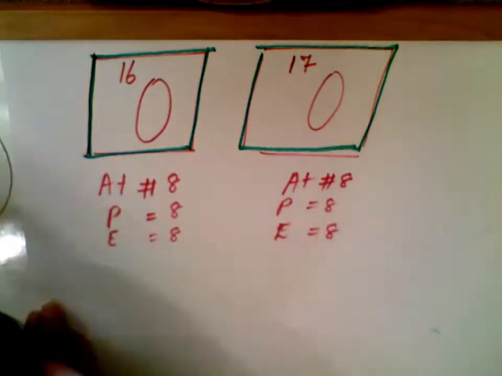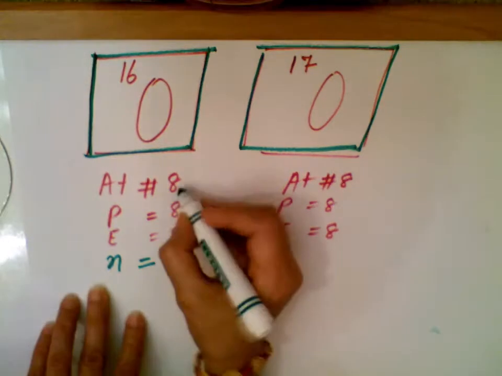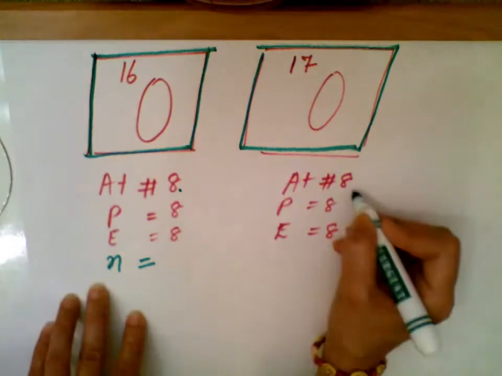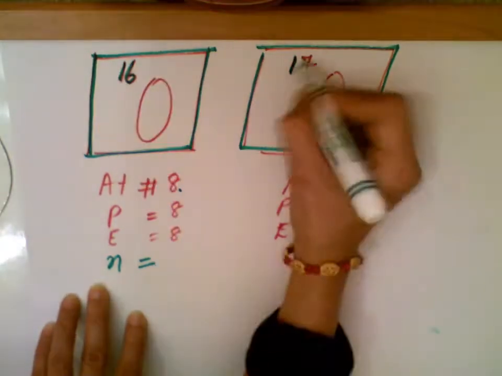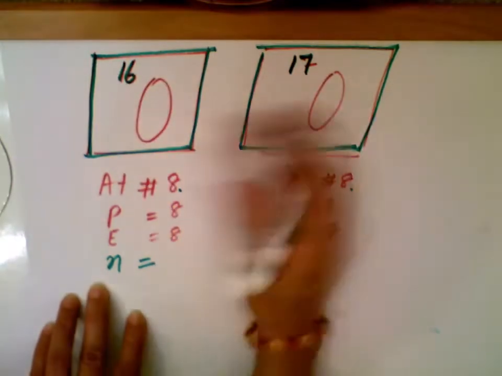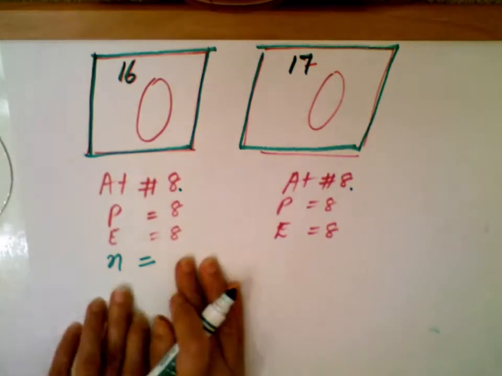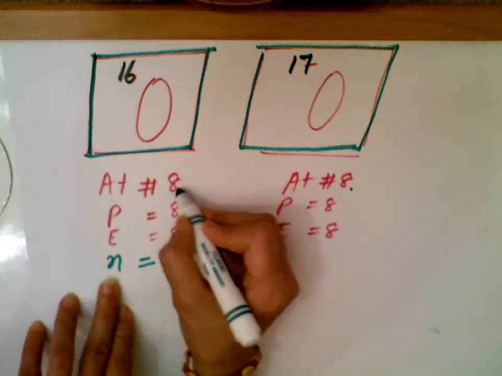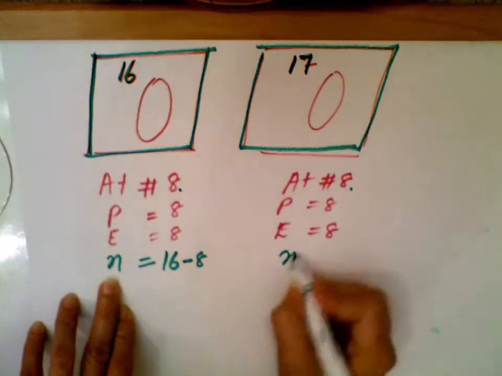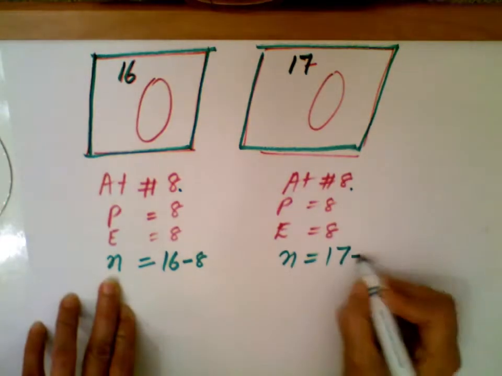Now what is different is the number of neutrons. Because the atomic number is 8, which is the same, look at the top number, which is different, and it is the mass number. Because of the different mass number, the number of neutrons is different as well. So here you do 16 minus the atomic number 8, and here 17, because that's the mass number, minus 8.